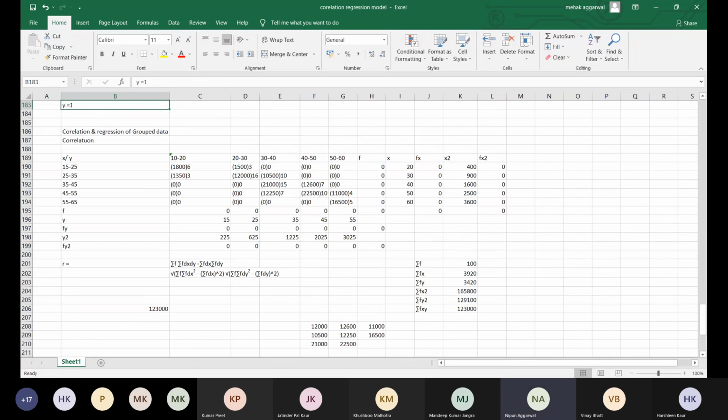So from this data you can calculate the y mean and x mean. So summation fx divided by summation f. The data gets varied, and this becomes 0 after alterations, but otherwise it is actually not 0.